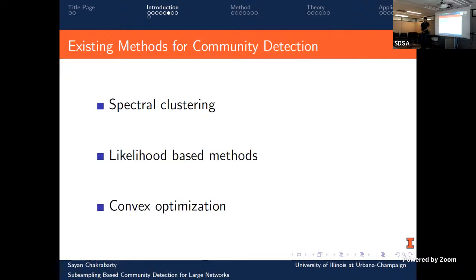There are many existing methods that work very well, like spectral clustering, which does an eigen decomposition of the entire adjacency matrix, and then based on that does some kind of clustering. There are some likelihood-based methods which maximize the likelihood of a particular community structure. Similarly, there are some convex optimization-based methods as well.